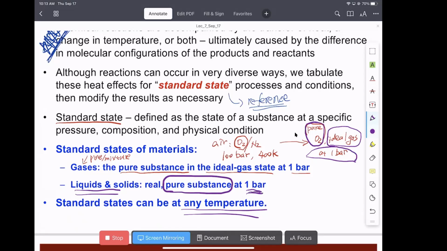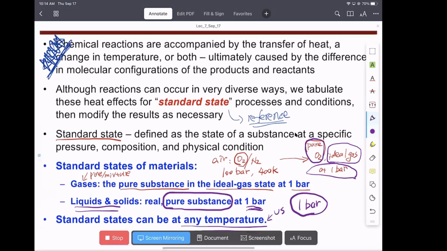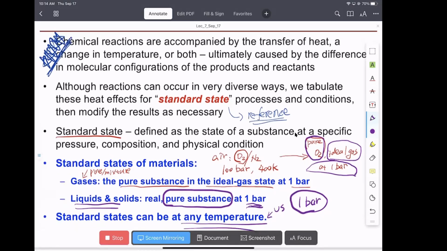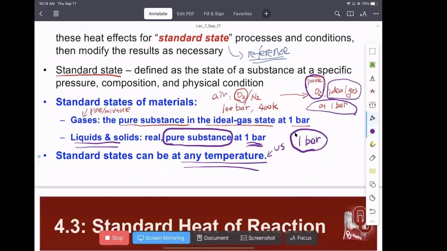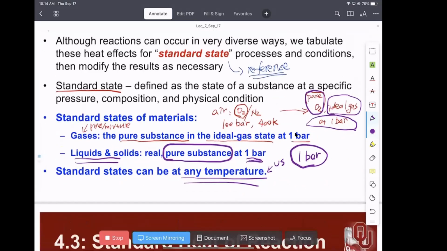So we emphasize this 1 bar, but we are going to allow the temperature variation. That is a slide of abstract concept, but try to visit this slide when you are working on the homework problem, and you should quickly realize the use of those concepts after the homework practice. So this is number 1, the standard state.